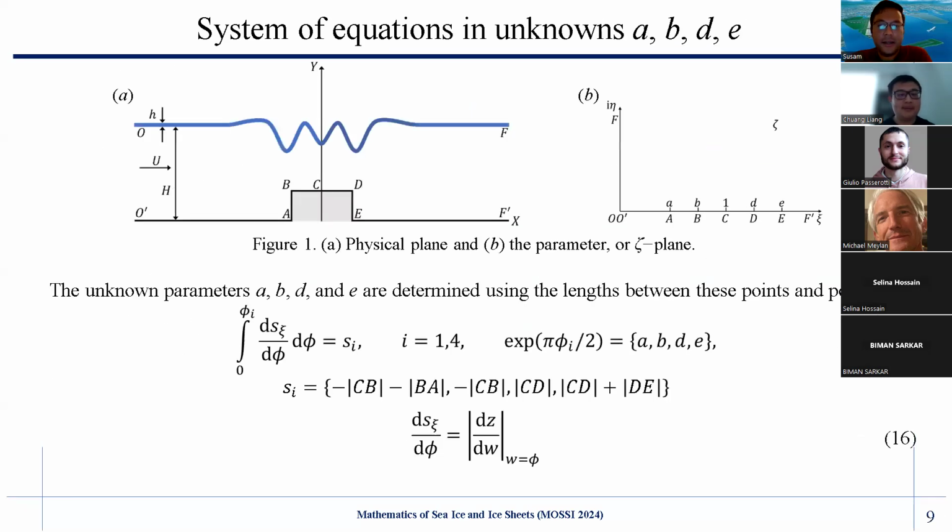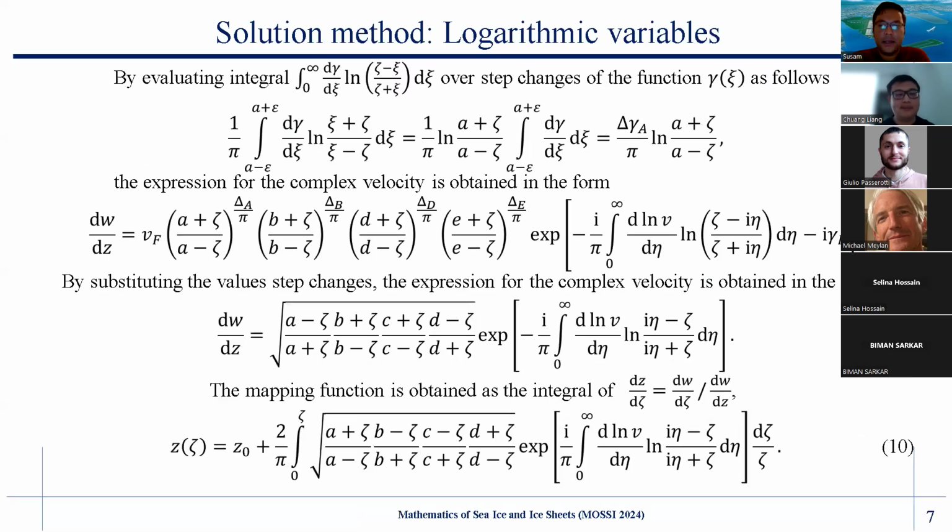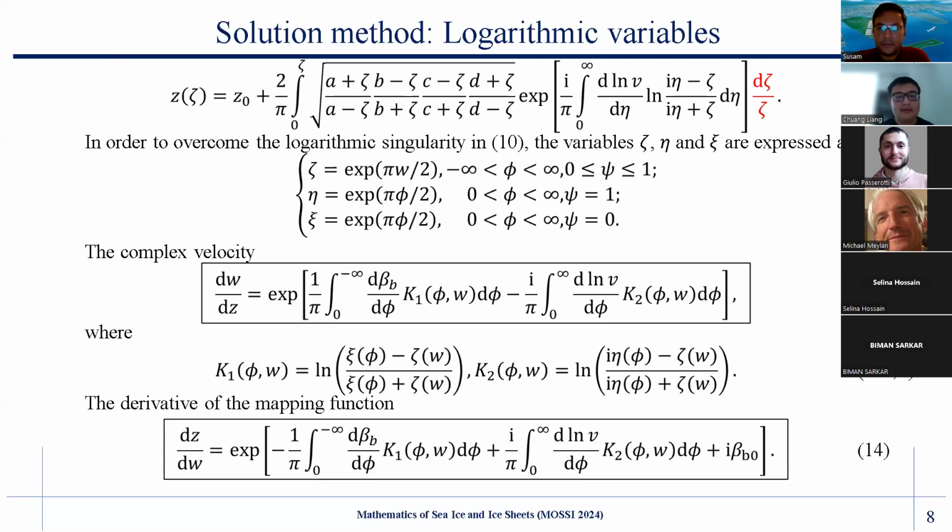Can you please explain a little? Yes, in equation 10, you can see there is a term d psi or d zeta or theta, and this is that red colored point. This is the logarithmic singularity. Okay, it's an integral. Yes.